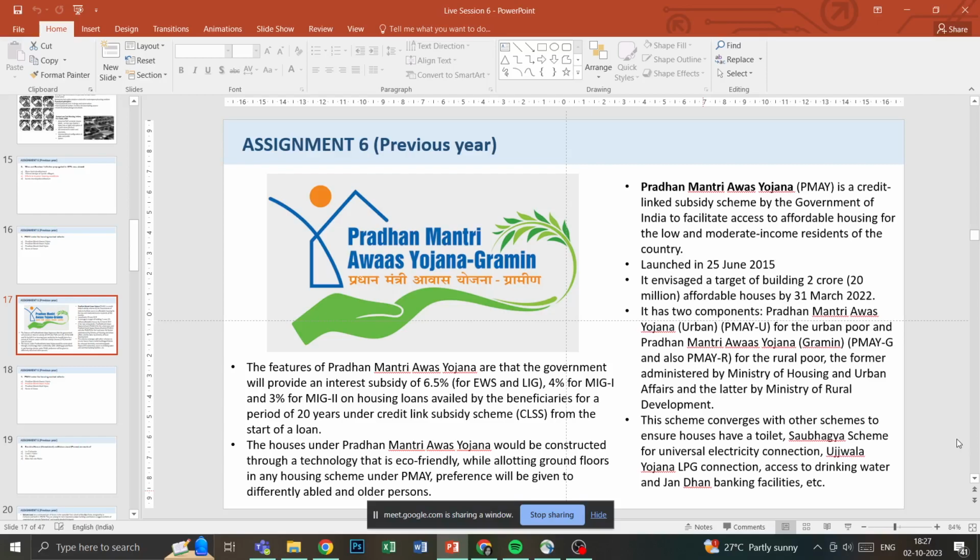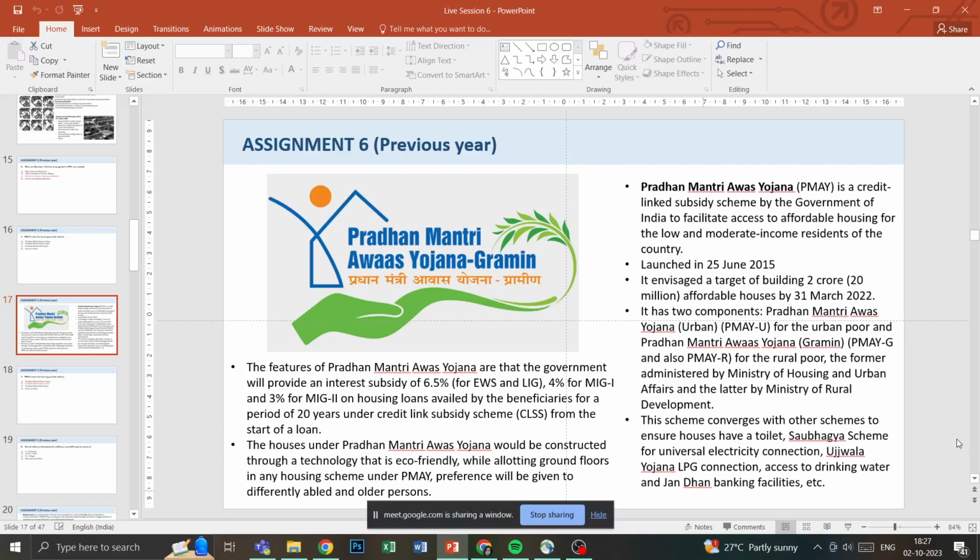It has two components: Pradhan Mantri Awas Yojana Urban, PMAYU, which is for the urban poor, and Pradhan Mantri Awas Yojana Gramin, PMAYG, for the rural poor. The former, PMAYU, is administered by the Ministry of Housing and Urban Affairs, and PMAYG is administered by the Ministry of Rural Development.